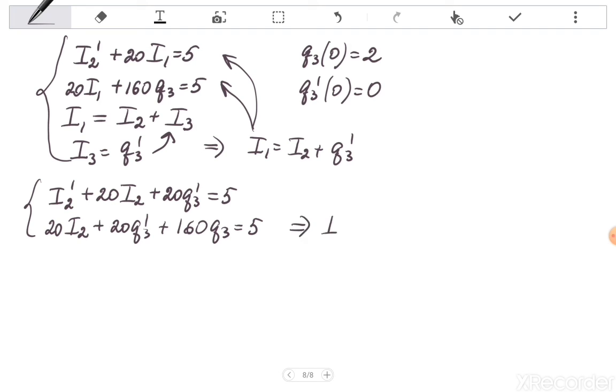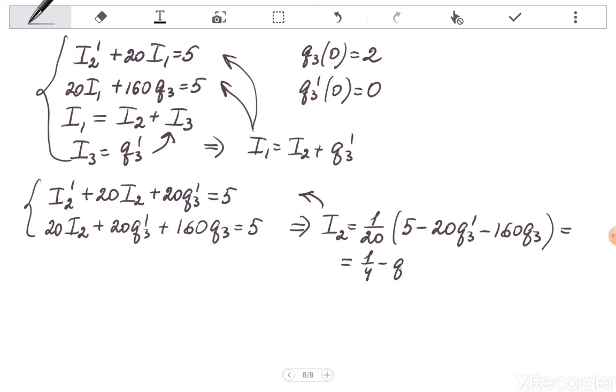So I2 is 1 over 20 times (5 minus 20 Q3 prime minus 160 Q3), and we substitute it into the first equation. First we need to find I2 prime, so maybe we should rewrite it first: I2 is 1 over 4 minus Q3 prime minus 8 Q3, and then substitute it here.